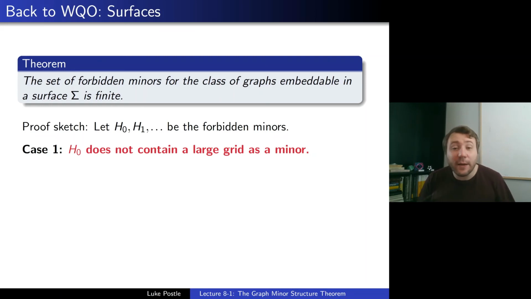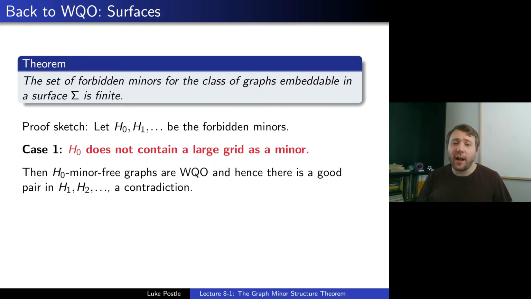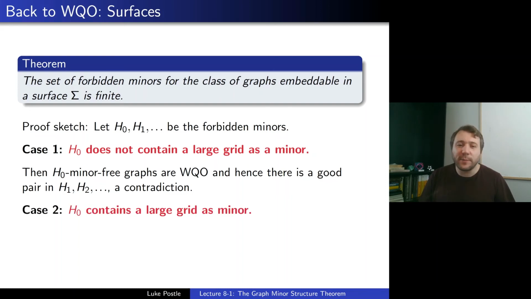Again we're going to use cases, and we're going to use grids as the idea. Case 1 would be that H0 does not contain a large grid as a minor. If it doesn't, then the H0-minor-free graphs will be well quasi-ordered, and hence there's a good pair in H1, H2, etc. More precisely, if infinitely many don't contain a large grid, you'd have bounded tree width, and so you get a good pair.